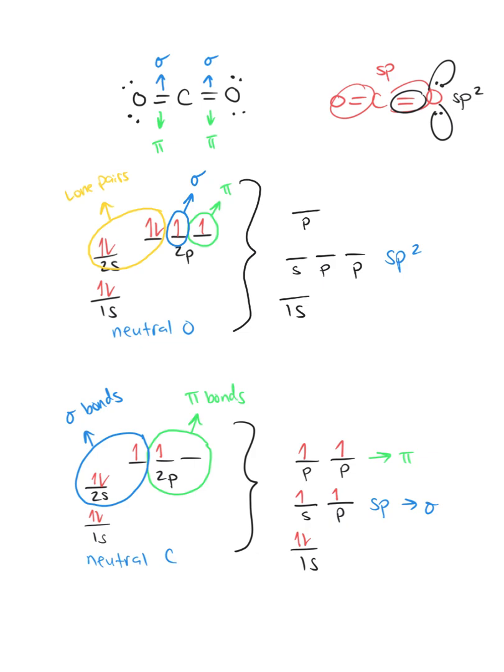Now we can fill in our lone pairs or electrons again. 1, 2, 3, 4, 5, 6, 7, 8. And that works out so perfectly because we can see our 2 lone pairs are accounted for here. There's 1 electron that's going to go towards the sigma bond and 1 electron that's going to go towards the pi bond.